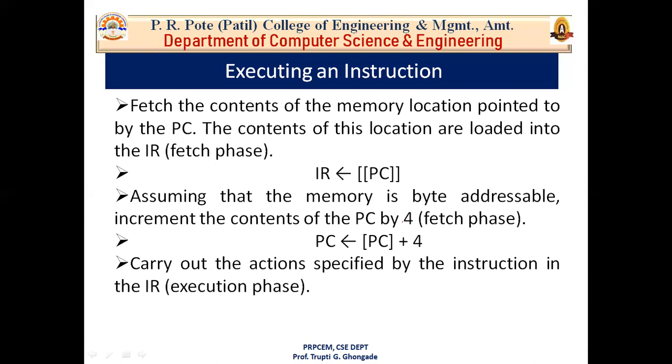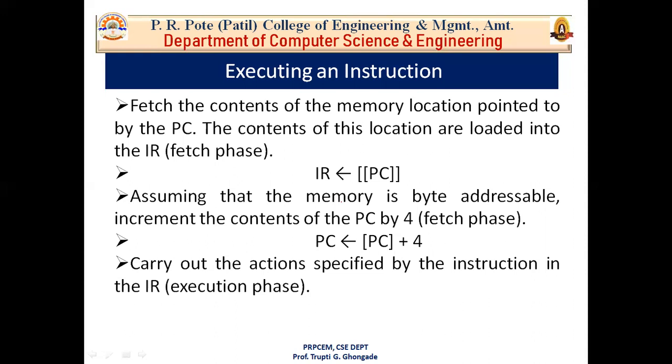If your system is 64-bit, we will increment the contents of PC by 6. If you don't get the concept, please go to the previous videos on addressability and clear your concept. So let's assume here your system is 16-bit memory, and that's why your PC is incremented by 4.